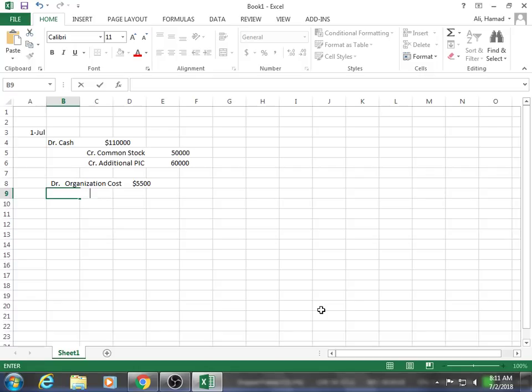And we credit. What do we credit? Well, what are we giving up? Common stock. We credit common stock for how much? It would be 50,000 still. What is the original par of the share? $5.